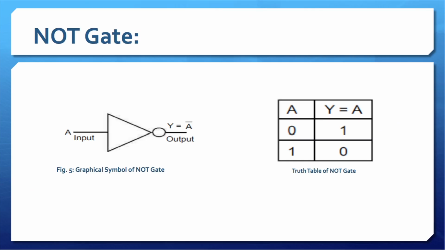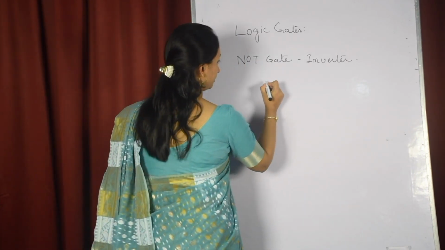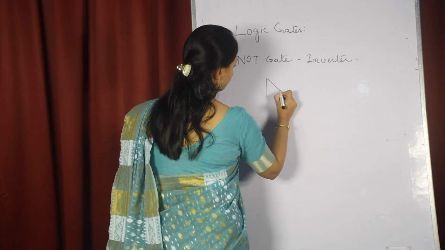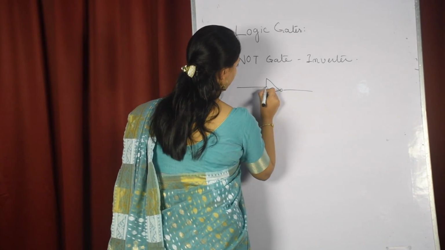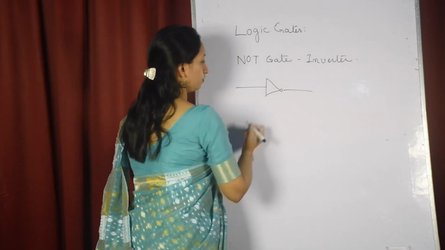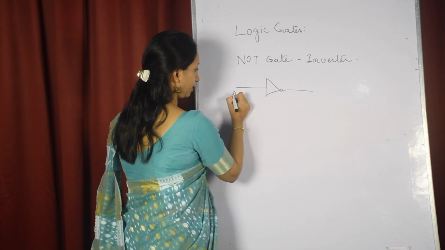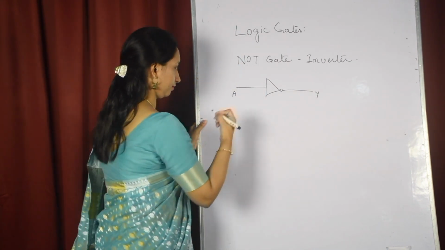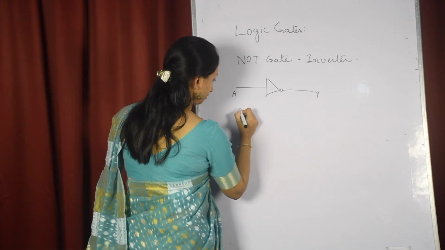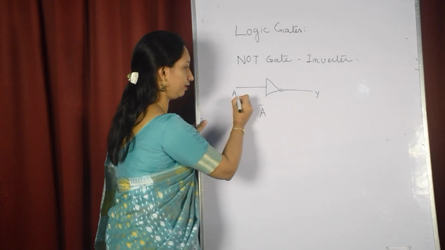The NOT gate is also known as an inverter, and the symbol of the NOT gate is represented as shown. In the NOT gate there is only one input and one output, and the output is given as the complement of the input.